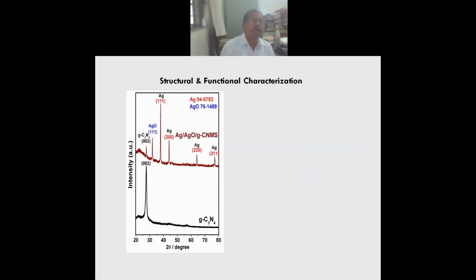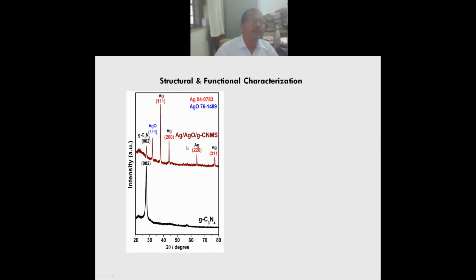This is the powder XRD pattern for g-C3N4. At around 27.5 degrees 2 theta, it shows the peak corresponding to the aromatic triazine interlayer stacking, and these are all the peaks.